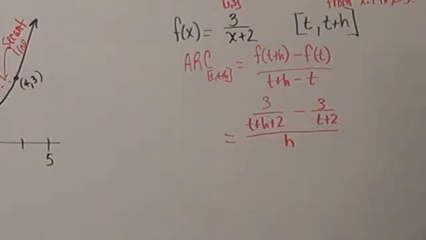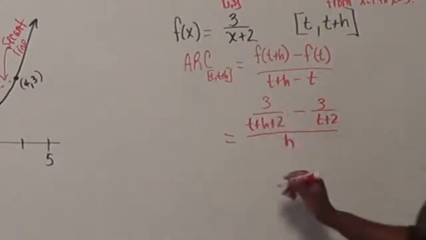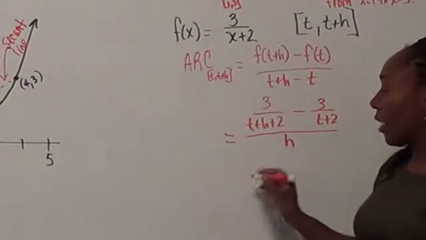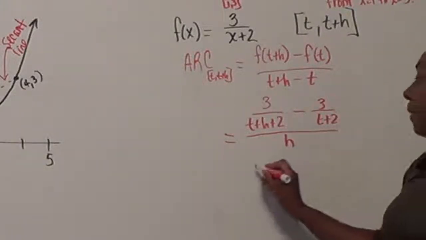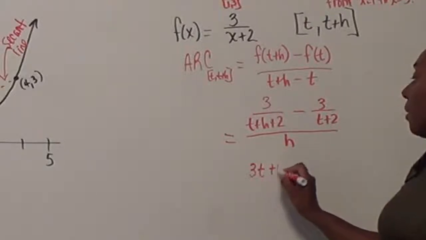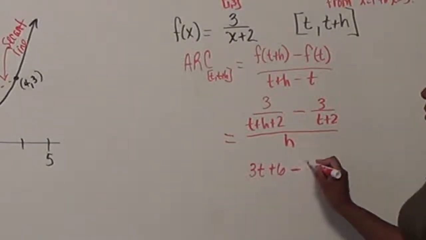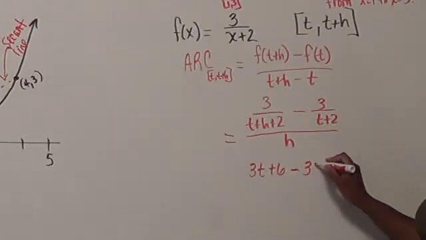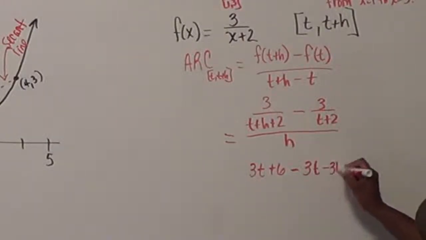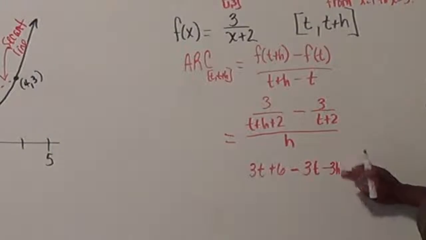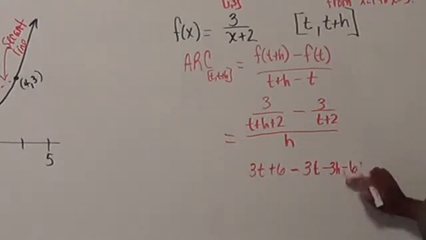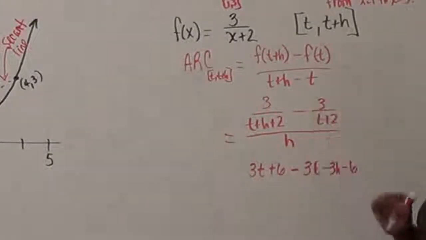Of course, we should always simplify our solutions. So here, to get rid of the complex fraction, we're going to cross multiply. So we'll multiply this side by a t plus 2 minus 3 times the t plus h plus 2. Don't forget to distribute the minus sign.